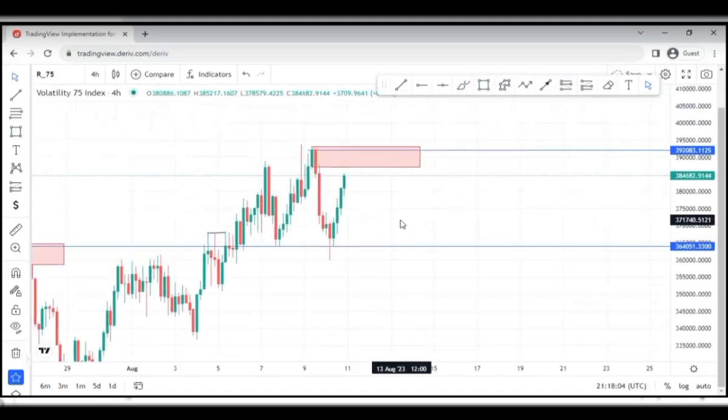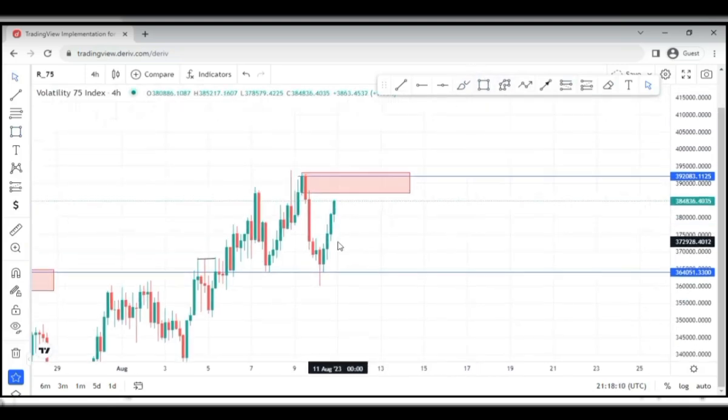Now, with what I'm seeing on the chart currently, initially I said that with the strength in which these guys are pushing, they might break this high here and go higher. But I'm gradually seeing this head and shoulder here. So who knows what might happen?